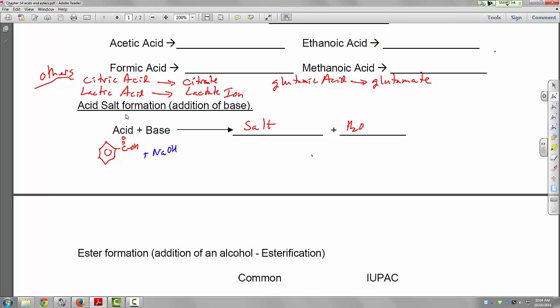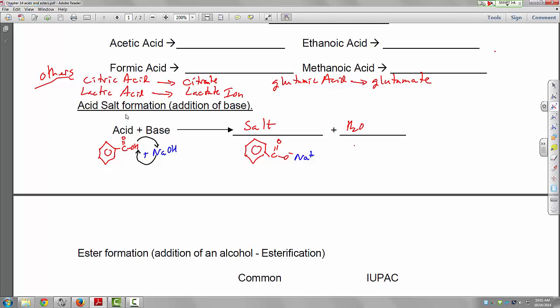What happens here is the hydrogen is displaced by the sodium, and we get sodium benzoate, the salt. The benzoate ion is an anion, it's negative, and the sodium ion, positive, plus water, of course.